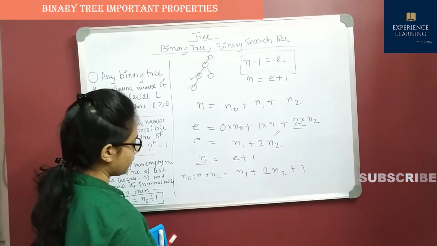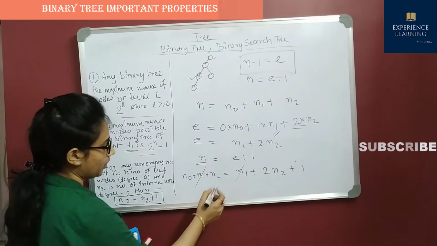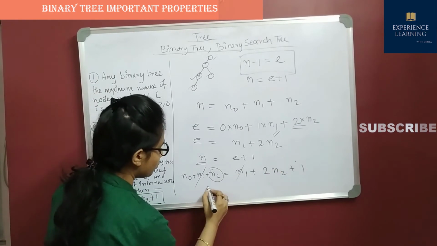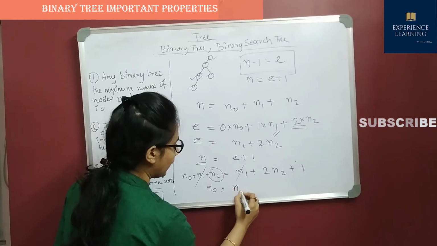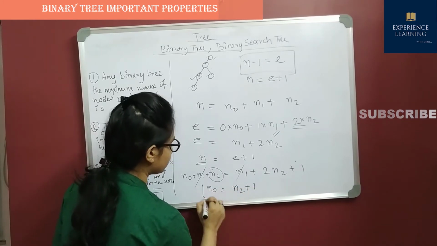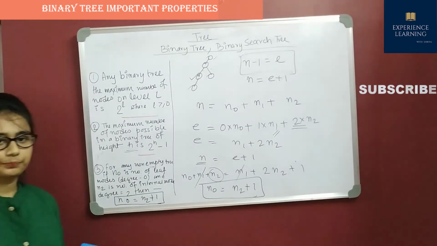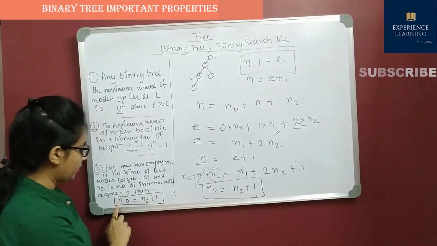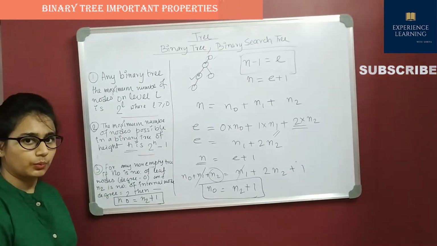Now see, n1 cancels, so n0 will be n2 plus 1. So now you know how we are getting this n0 equals n2 plus 1.